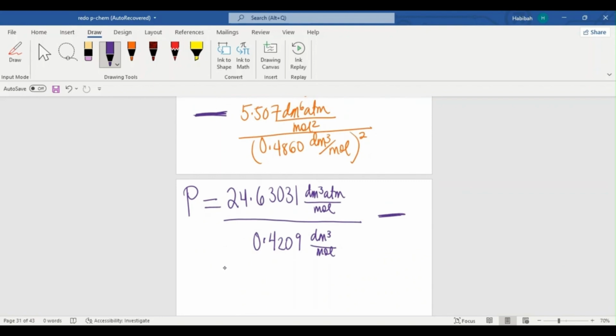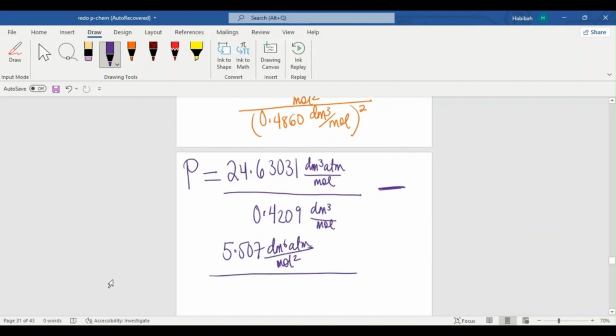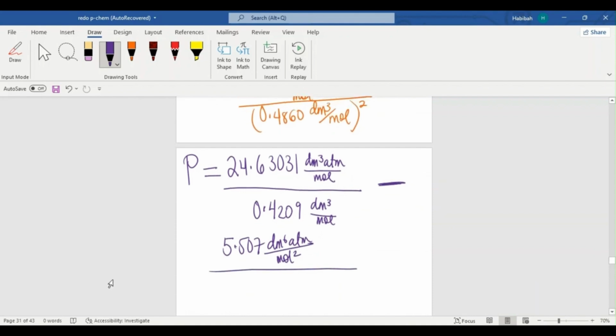So that would be 5.507 dm6 atmosphere per mole squared divided by 0.4860 dm cube per mole, all squared, which is just 0.236196 dm6 per mole squared.